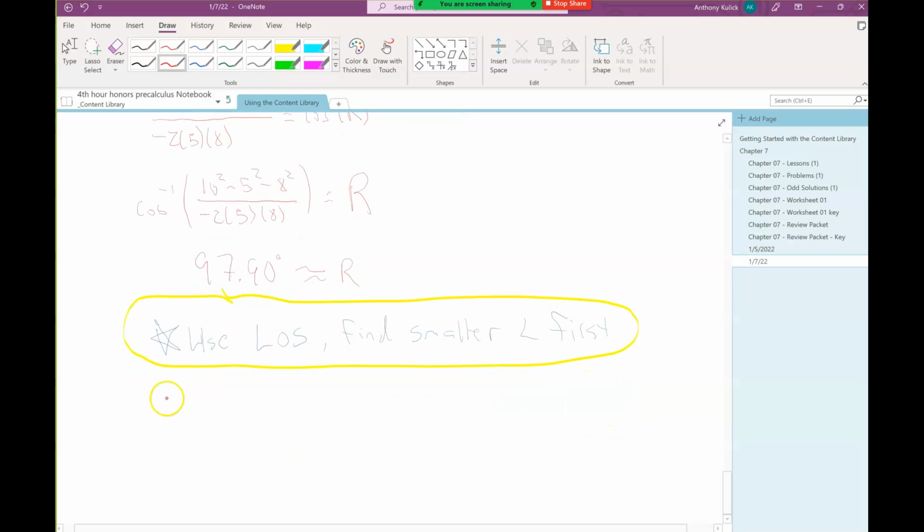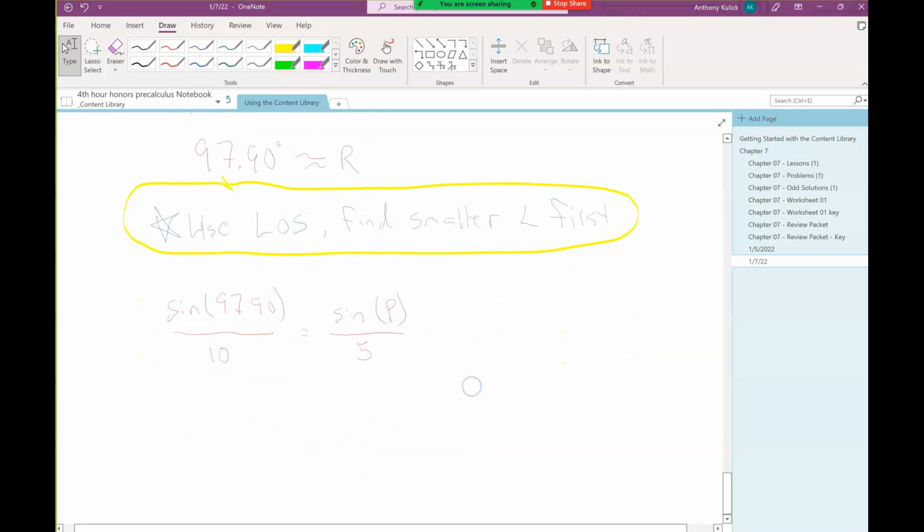Okay, so we have sine of r over r equals sine of p over p. Cross multiply.